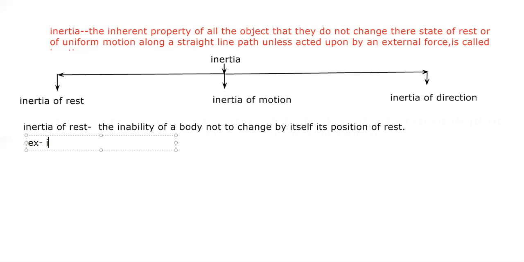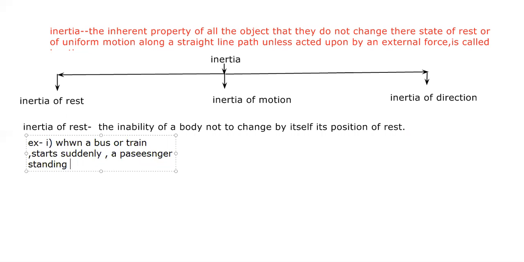The first example is this: when a bus or train starts suddenly, a passenger standing inside it leans backward.